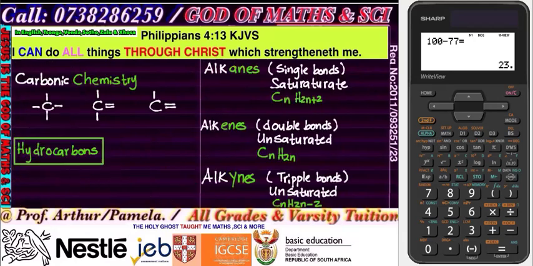Let's go back here. Remember, this is alkane. Alkene. Alkyne. There is an E by the end. The branches are called the alk. Yeah. I missed the L there.